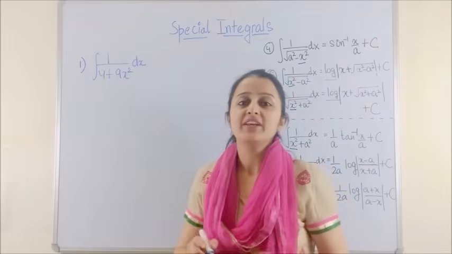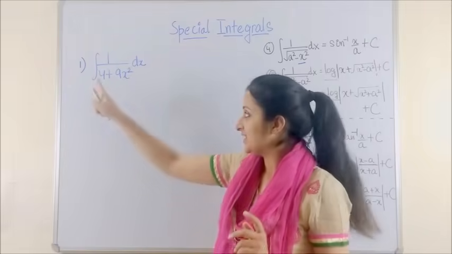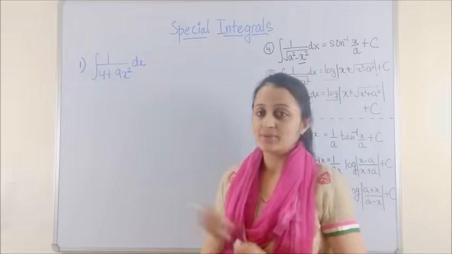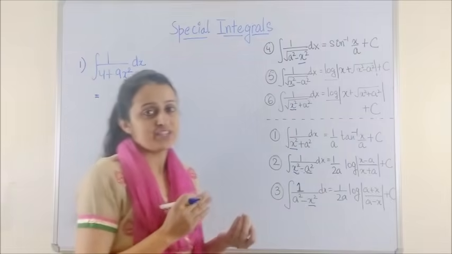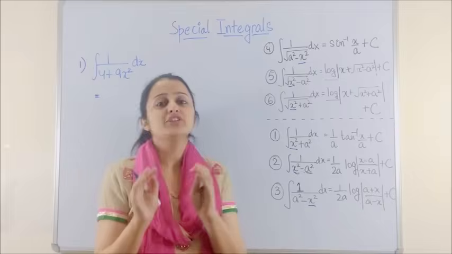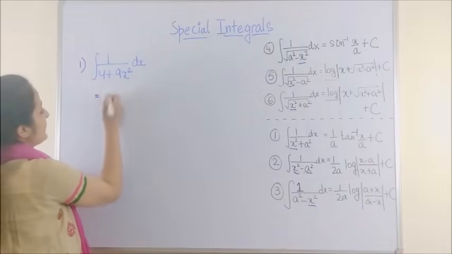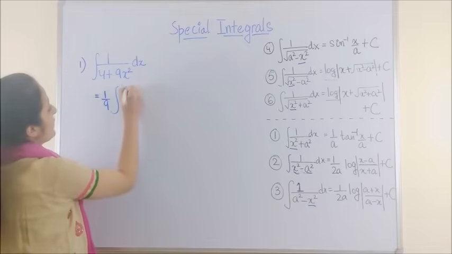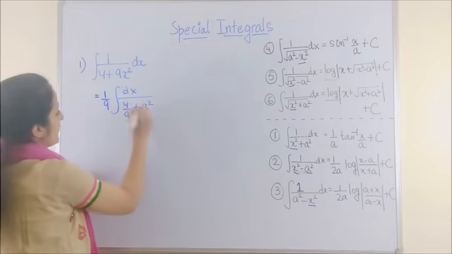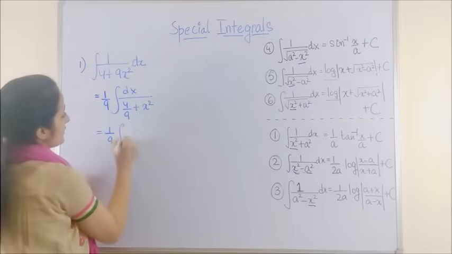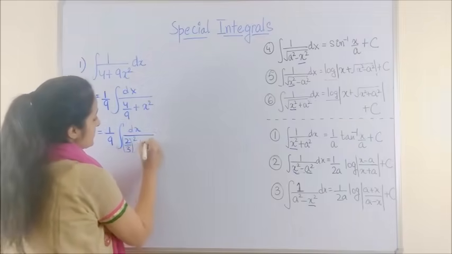So beginning with the very first question, which is first of all without the square root sign, it is 4 plus 9x square. Now as we discussed, the numerator should be 1, which it is. Also the coefficient of x should be 1. So what I do is I take this 9 common, and we are left with 4 by 9 plus x square, which means this is 2 by 3 whole square plus x square.